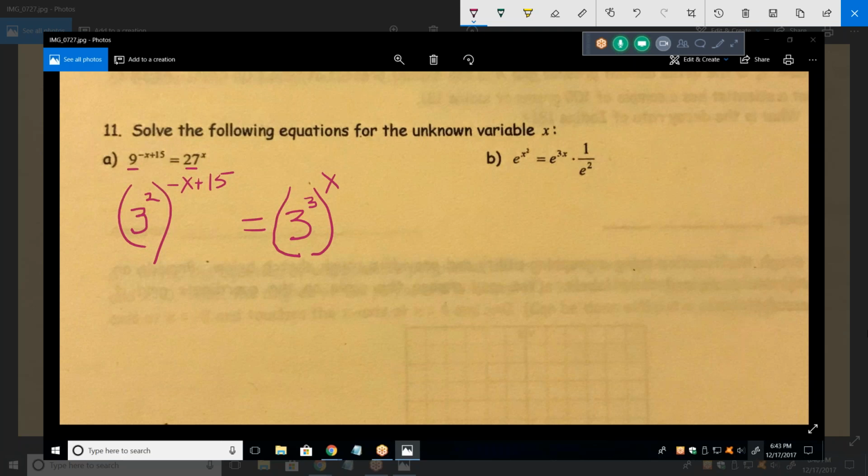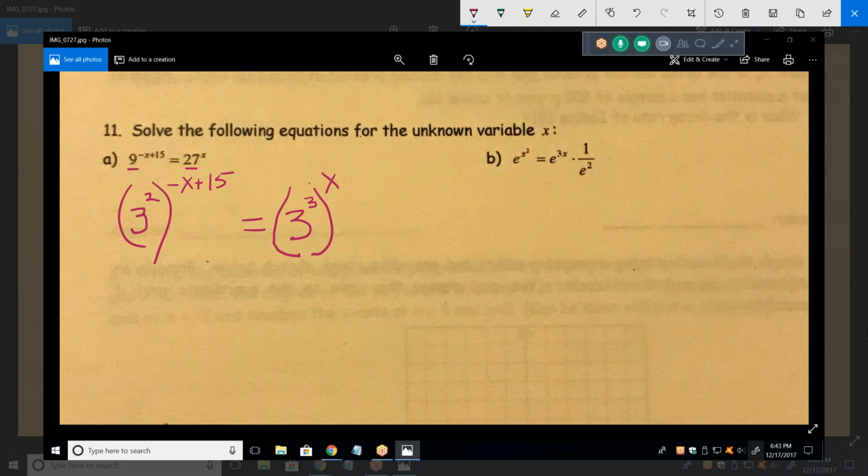But now I can apply the rules of exponents. Now I have what I would normally call double exponentiation. This one's being exponentiated and it's further exponentiated. So how do you handle double exponentiation? What do you do with the exponents? Multiply them.